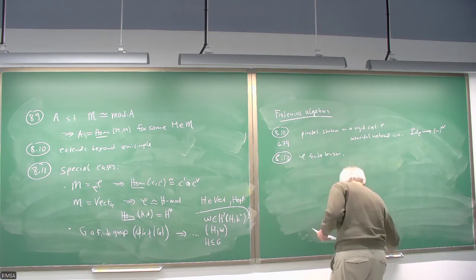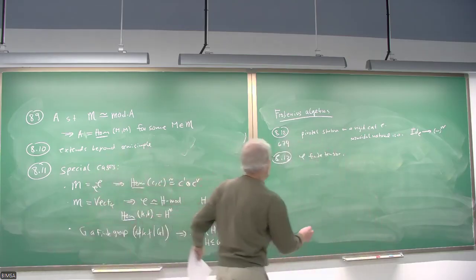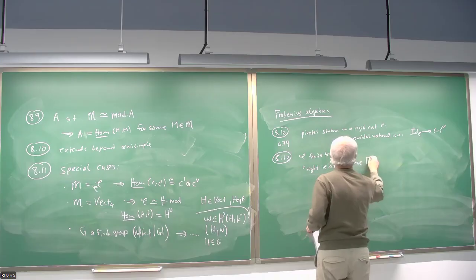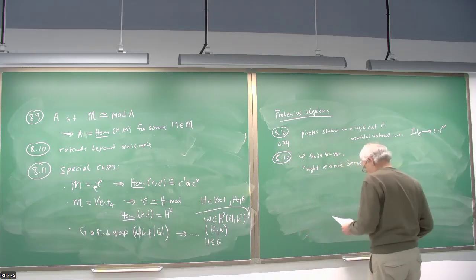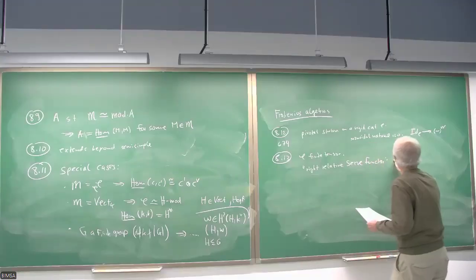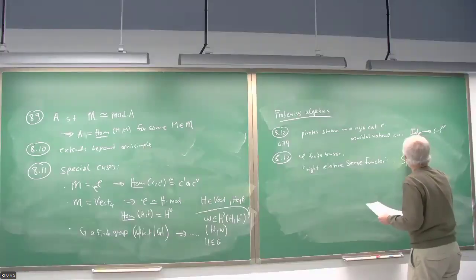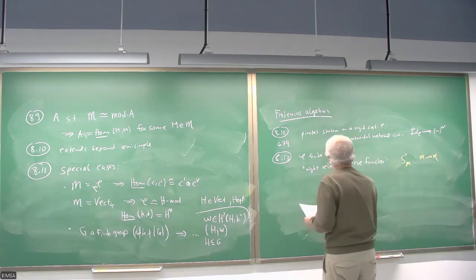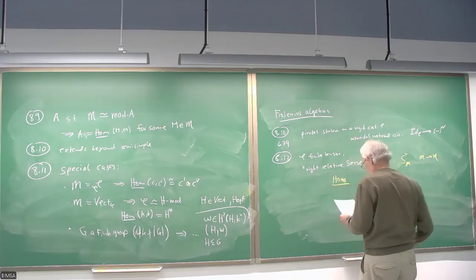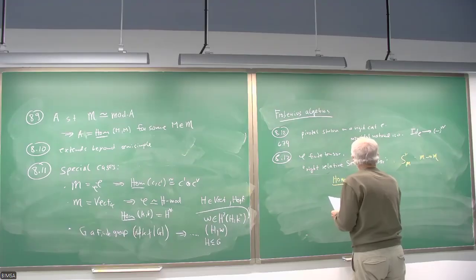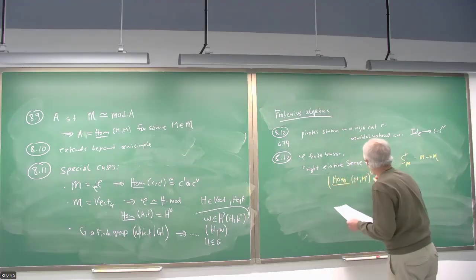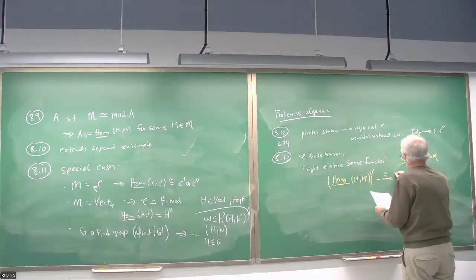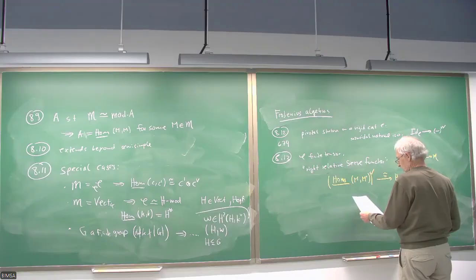Then there is a notion of left and right relative Serre functor, which is an endofunctor, let's call it S^R_M, with the property that, you could also call it internal Serre functor, if you take the dual of this object in C, then there is an isomorphism for any M and M'.